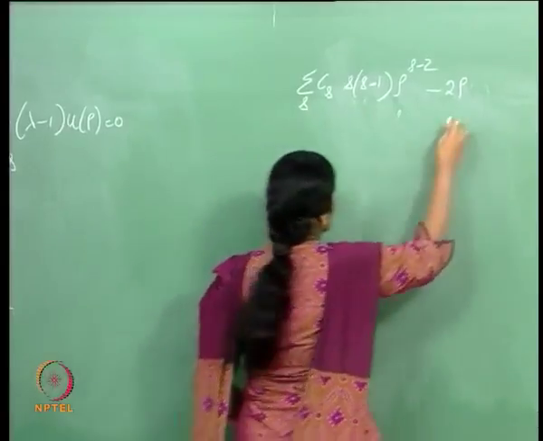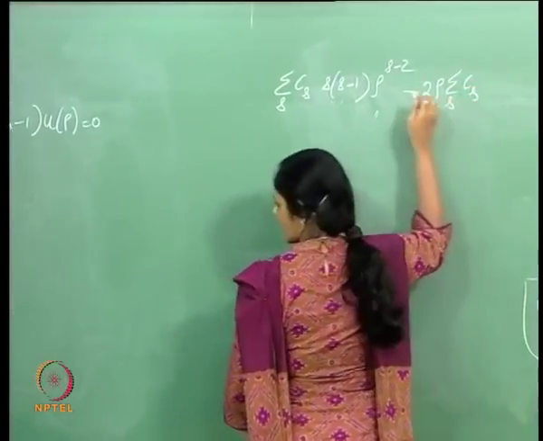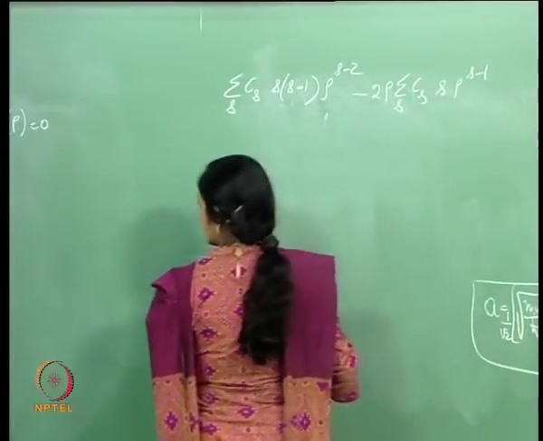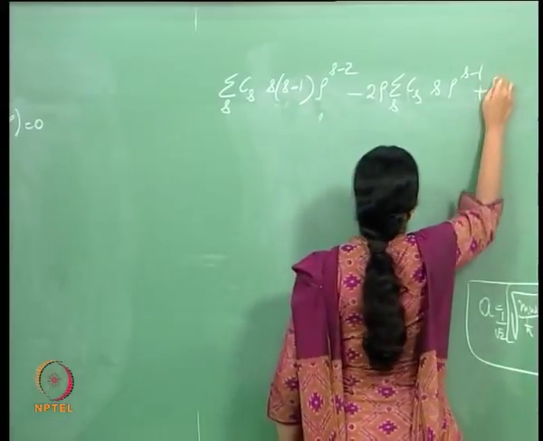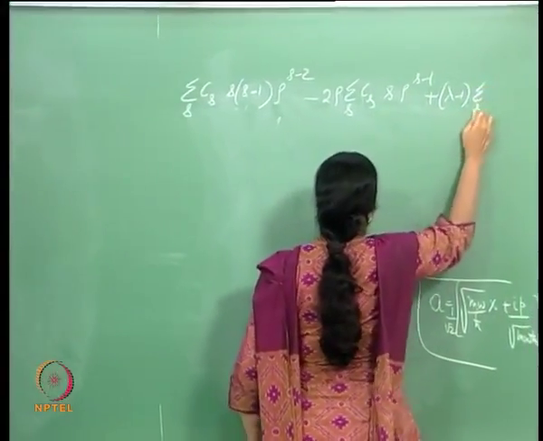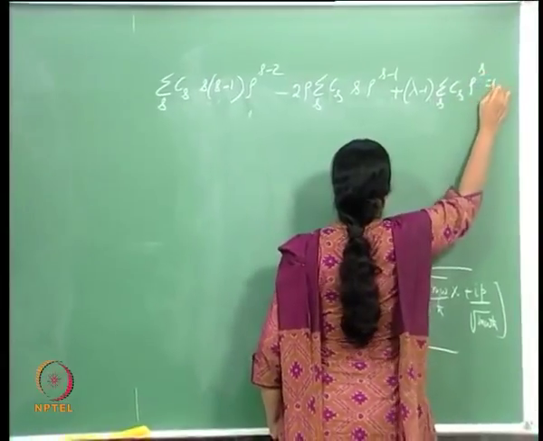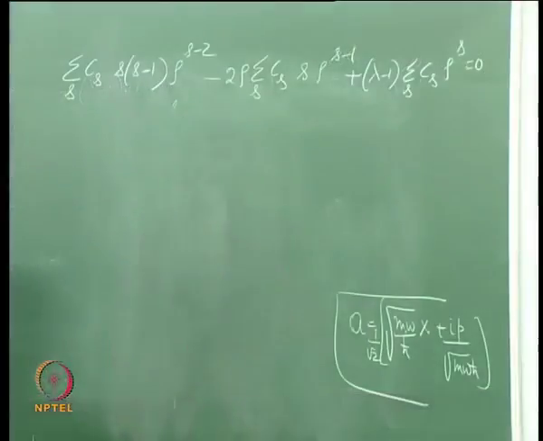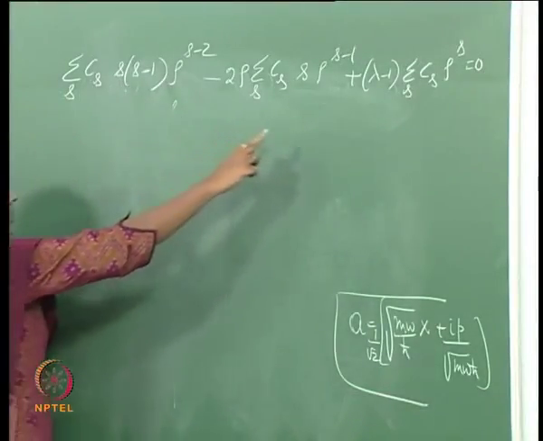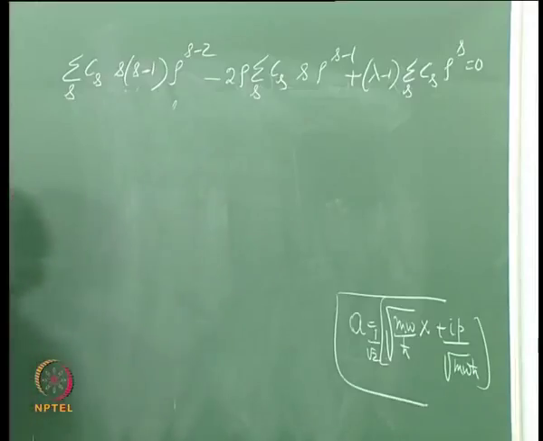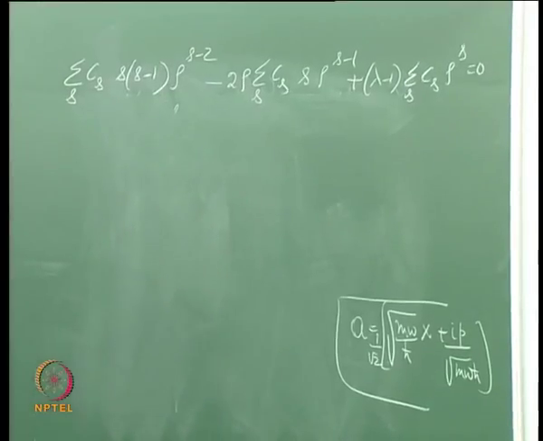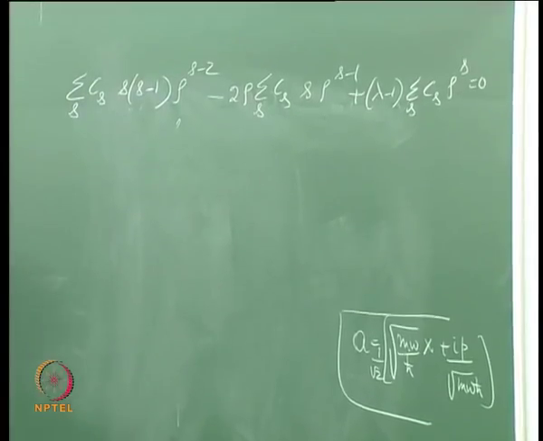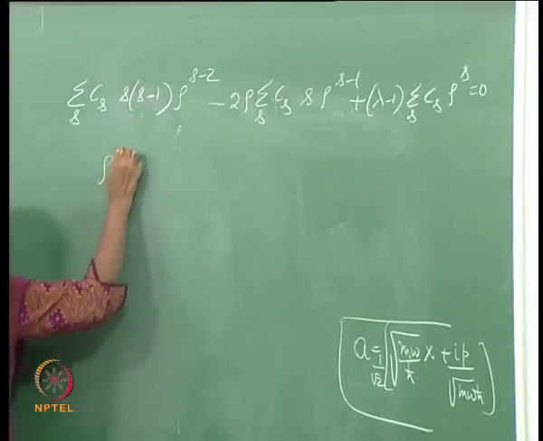U prime is simply summation over s Cs s times rho to the s minus 1 plus lambda minus 1 u, that is equal to 0. So now here, if indeed this should give me 0, it is clear that the coefficients corresponding to every power of rho should vanish. So let us write down the coefficient of rho to the power of s.